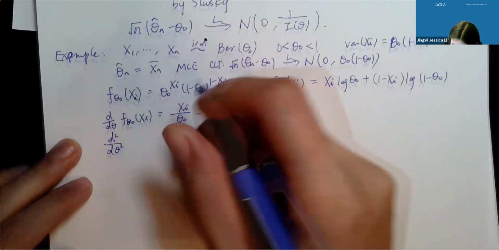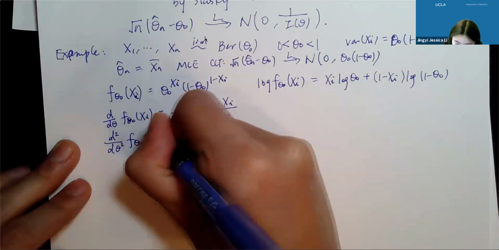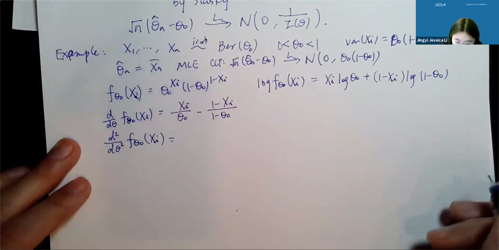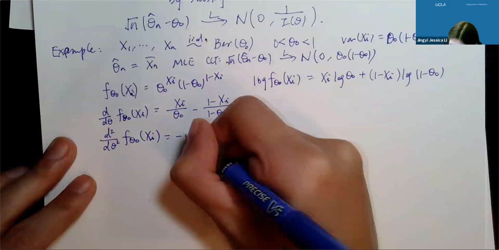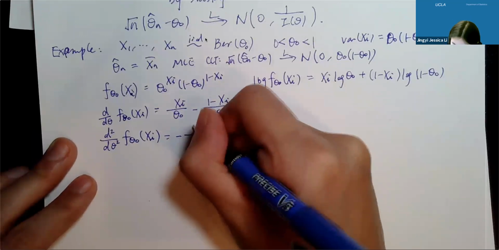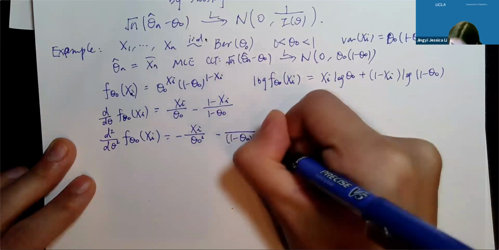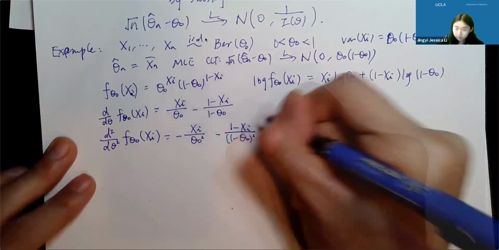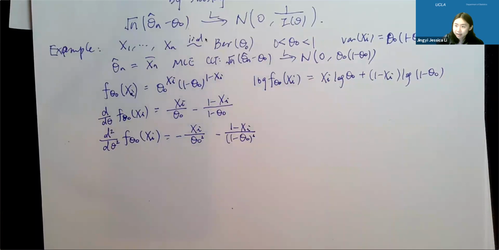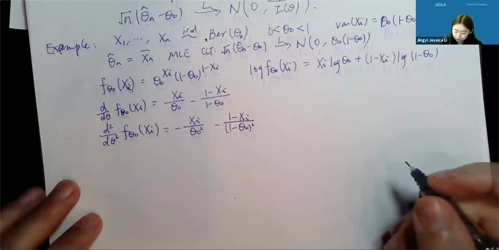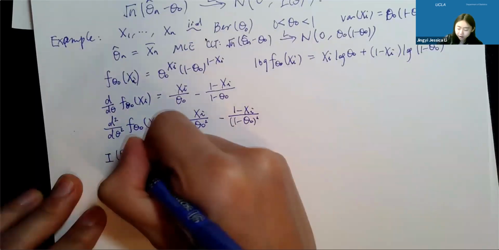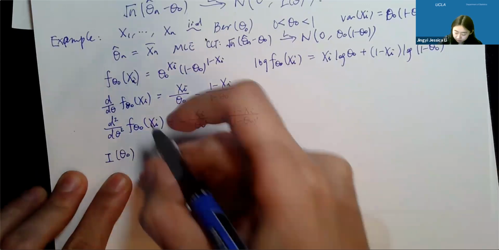I'll just directly write the result. It's actually negative xi over theta 0 squared minus 1 minus xi over 1 minus theta 0 squared. Okay, finally, Fisher information, which is the expectation of that. I'll also evaluate at theta 0.